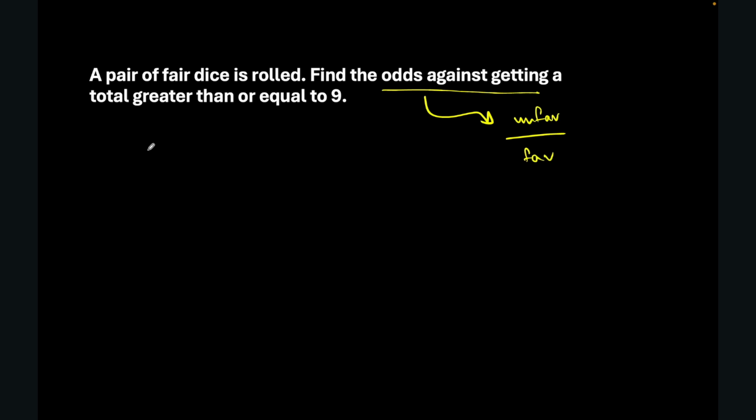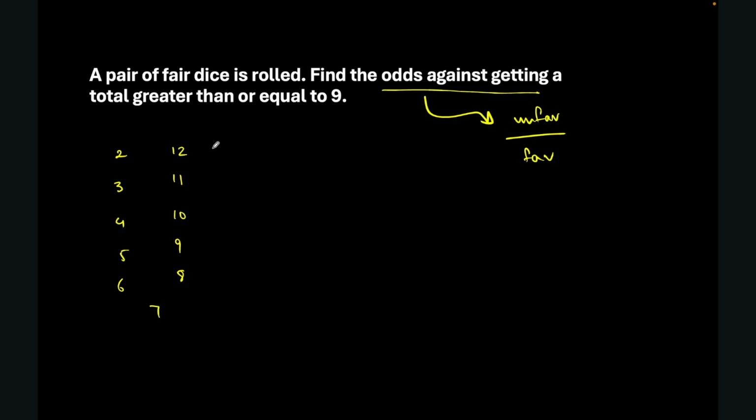If you remember, there's a shortcut that I showed in the last video. If you don't, it's okay. For a pair of dice being rolled, because it's such a common thing, you can just have this memorized. If you roll 2, 3, 4, 5, 6, and then 12, 11, 10, 9, 8, and 7 is here.